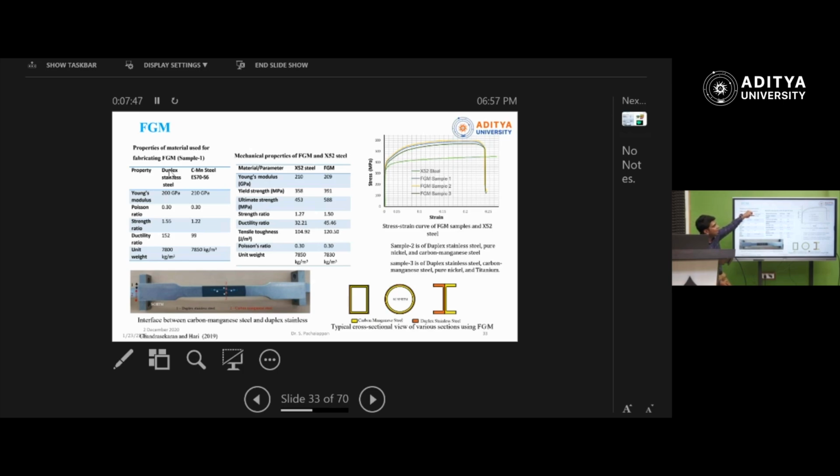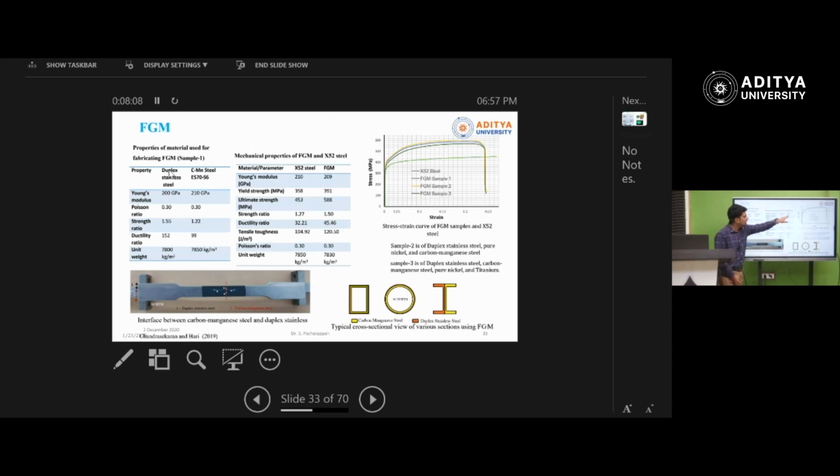So this carbon manganese steel offers very good weldability, and the duplex stainless steel offers higher resistance to pressure and temperature. The melting point of the duplex stainless steel is around 1300 degrees Celsius to 1400 degrees Celsius. So by combining these two metals, I got these properties.